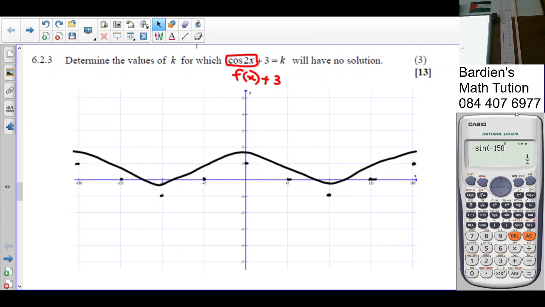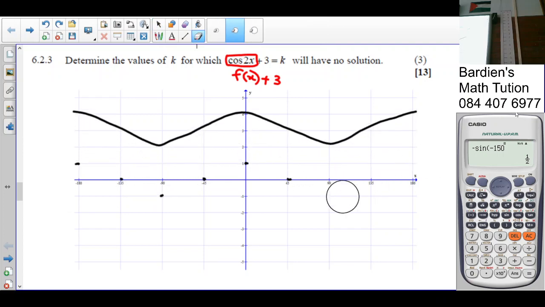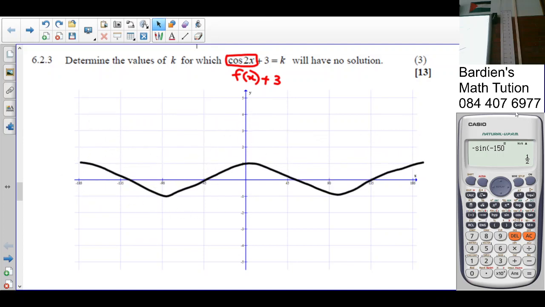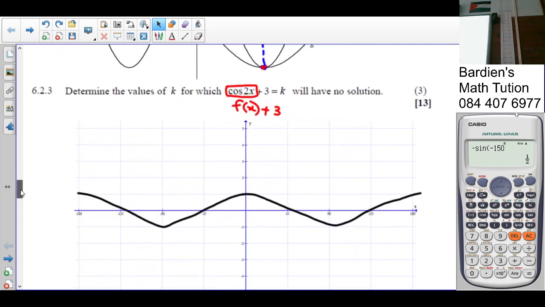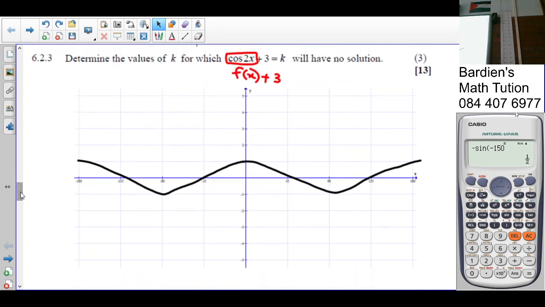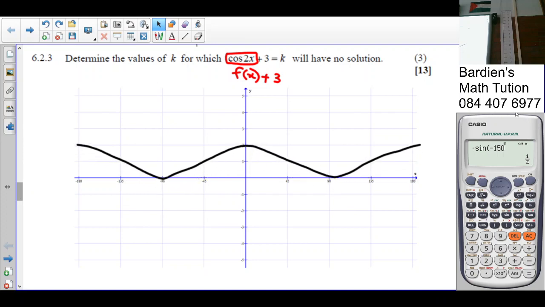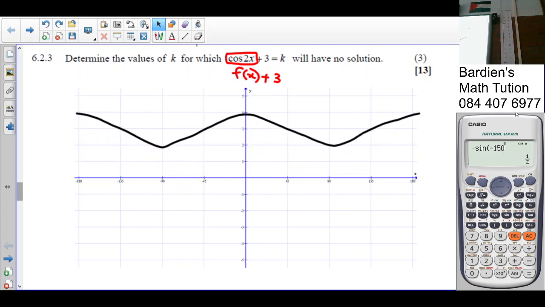Alright, let's take this out here. So that was a basic graph. So what happened to the g of x or the f of x? F of x, I said g, sorry. So the f of x graph, that was the basic graph. But what happened to the cos 2x graph? Shift 3 units up. So it's 1, 2, 3 units.